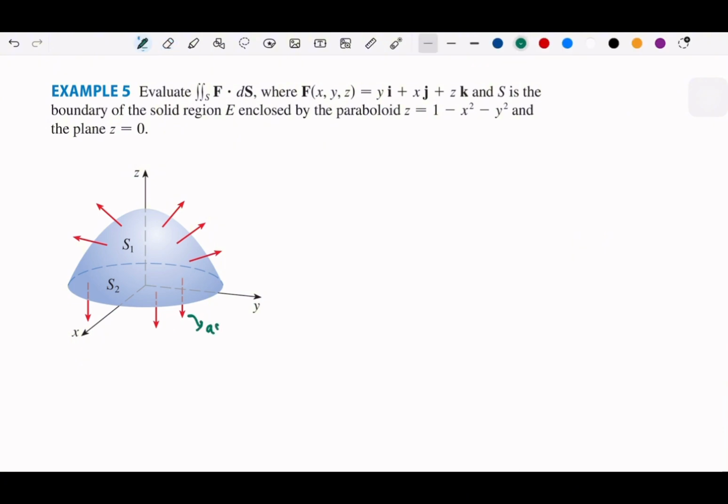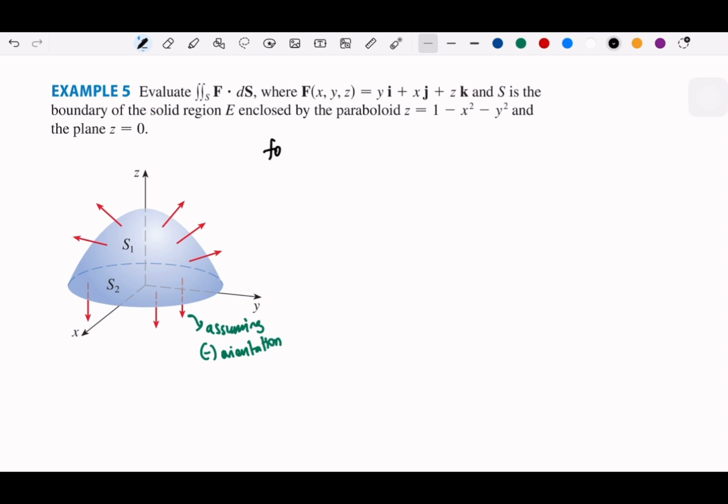So although this is negative orientation, because S2 is on the plane Z equals 0, when we plug into the F dot dS later, we could see that it will give you 0 as well. Okay, but anyway, let's start off with S1.